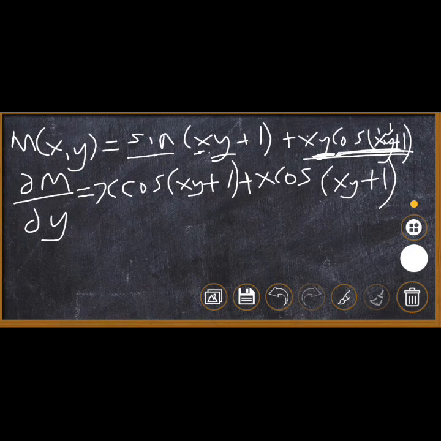So this x multiplied by the x remaining here in the brackets gives x squared. Remember this time we are keeping y, so this will change to sine, of course with (xy plus 1) in the brackets.